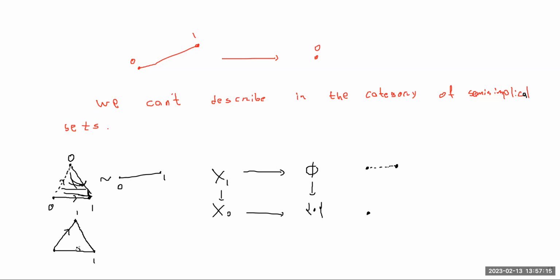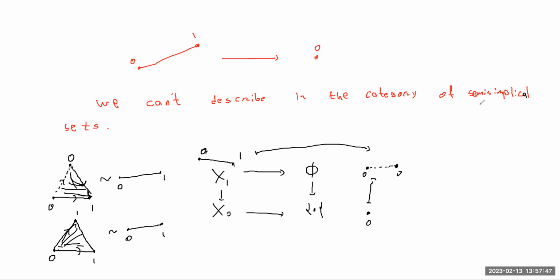We repeated this many times, but actually we have just this 0, 1. There are two ways to do this. For points, there is one way, to repeat this point and look at it as an edge, and then send this one here to this. This we can't do in semi-simplicial.